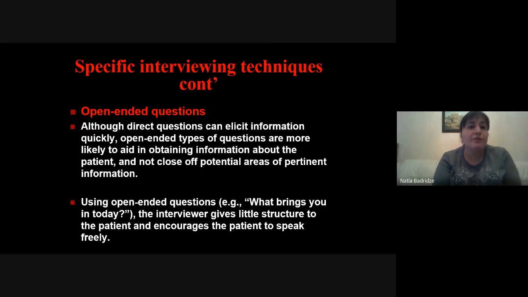Direct questions, of course, are good to elicit information quickly, but open-ended types of questions are more likely to aid in obtaining information about the patient and not close off potential areas of pertinent information. So open-ended questions give us more information than direct questions. But of course, it depends on the situation. In an emergency situation, it's better to ask direct questions.